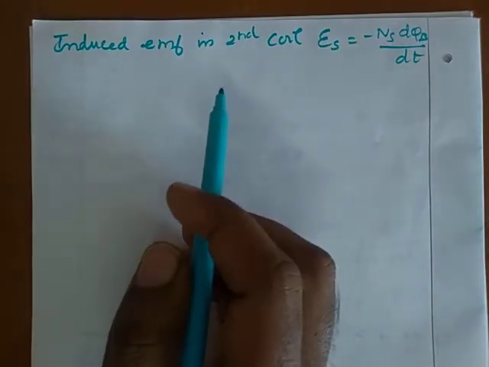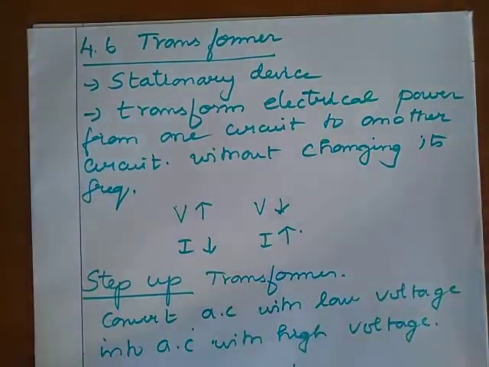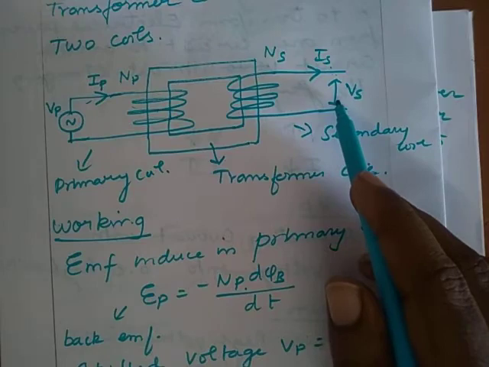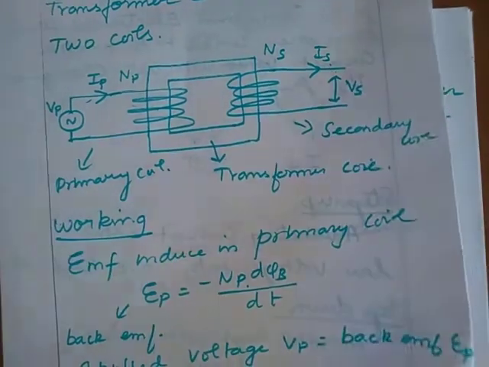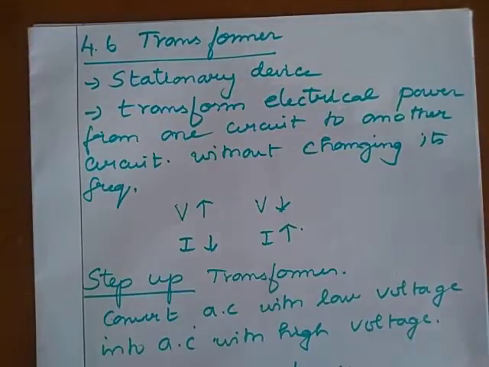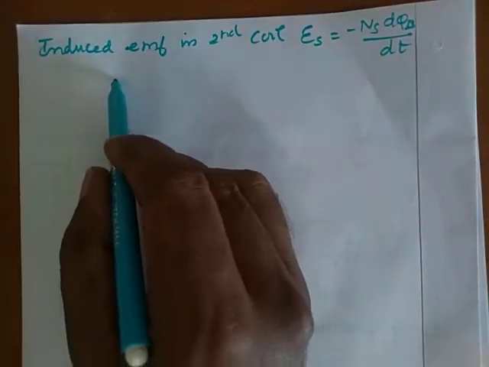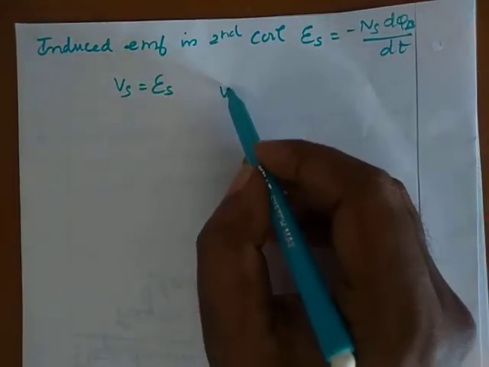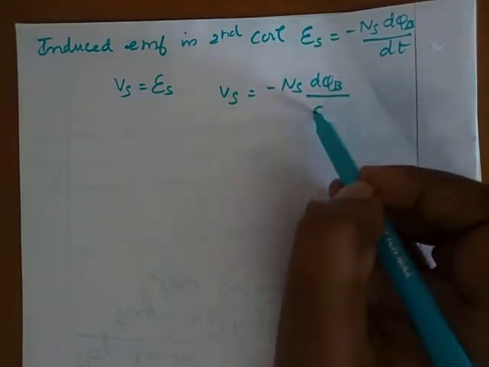If the secondary circuit is open, we can consider the EMF induced in the secondary coil ε_s equal to V_s. So V_s is equal to minus N_s dΦ_B/dt.